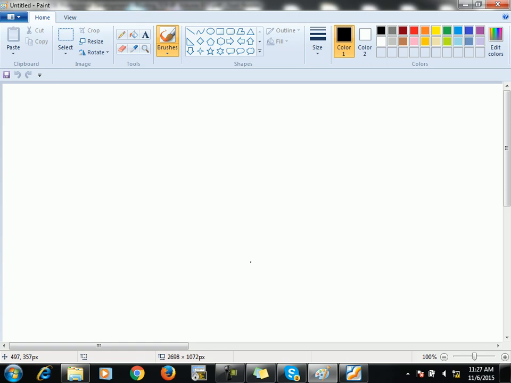BGP is the only protocol which can form neighborship with adjacent as well as non-adjacent devices. Now you could ask me, okay, in OSPF also we configured neighborship between R1 and R10, but we configured it with the help of a tunnel.